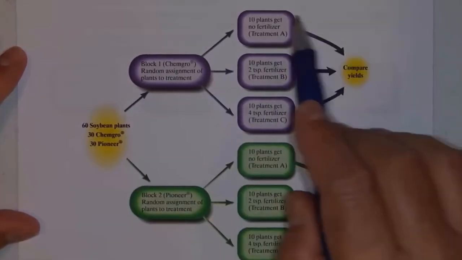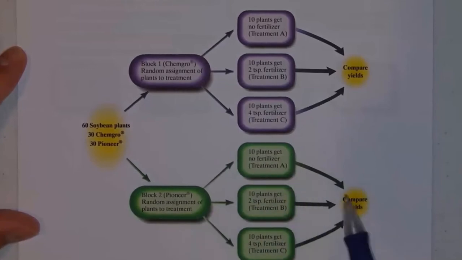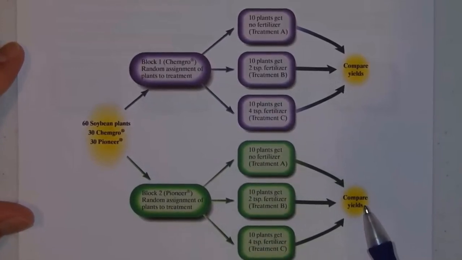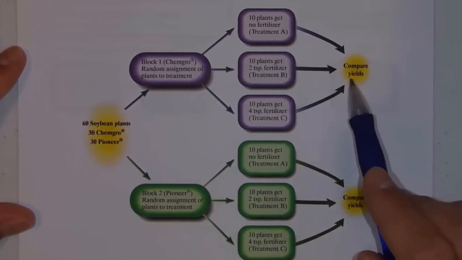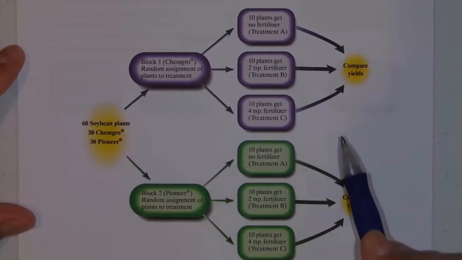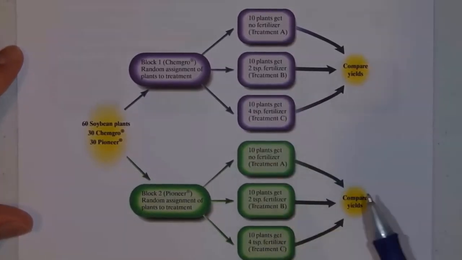So for the Kimgrow plants, we're going to compare the yields, and for the Pioneer plants, we're going to compare the yields. Now again, we're not particularly comparing the yields here to each other because we already know there's going to be a difference in the yield based on the variety of the plant.